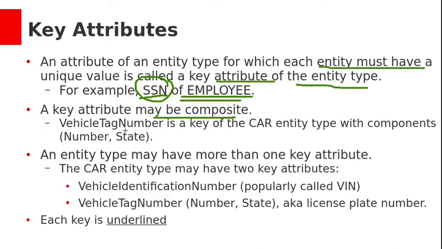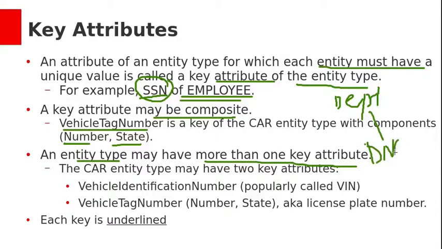If you take an example, vehicle tag number, which is comprised of number and state code. An entity type may have more than one key attribute. Like if we take department, department number can be a key attribute and department name. These both are unique, so we can take any one as a primary key. So these both are key attributes.